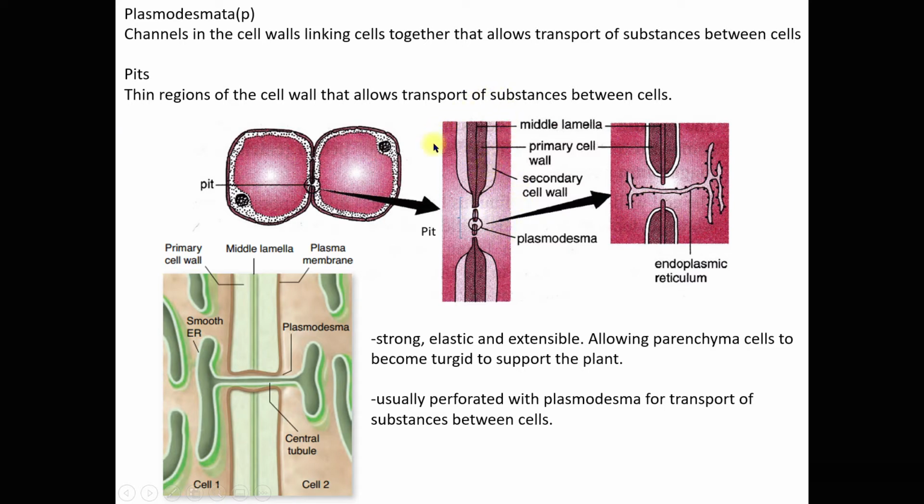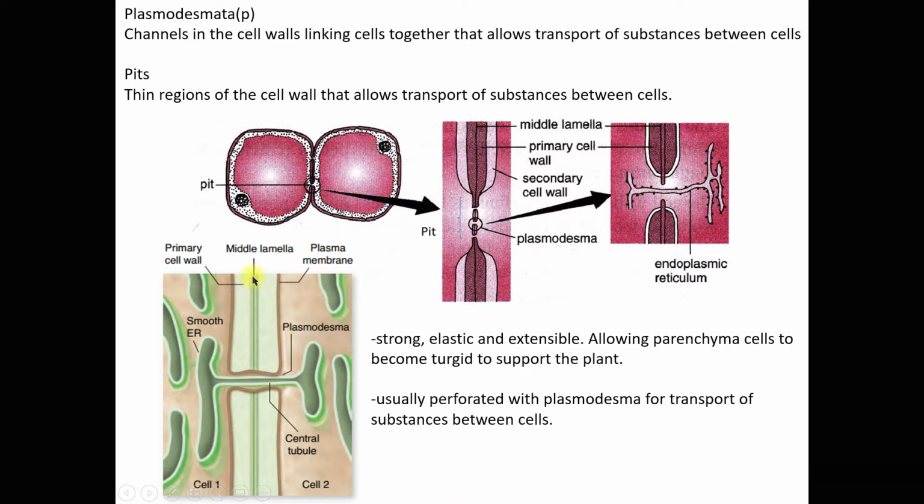So now class, the point of today's talk yang ini, kamu mesti boleh nampak, you must be able to identify where is the middle lamella, which is this one obviously, and then this is the primary cell wall, and then secondary cell wall. After secondary cell wall, di sini ni ialah plasma membrane. In a clearer diagram, ini ialah middle lamella, tengah-tengah ni.